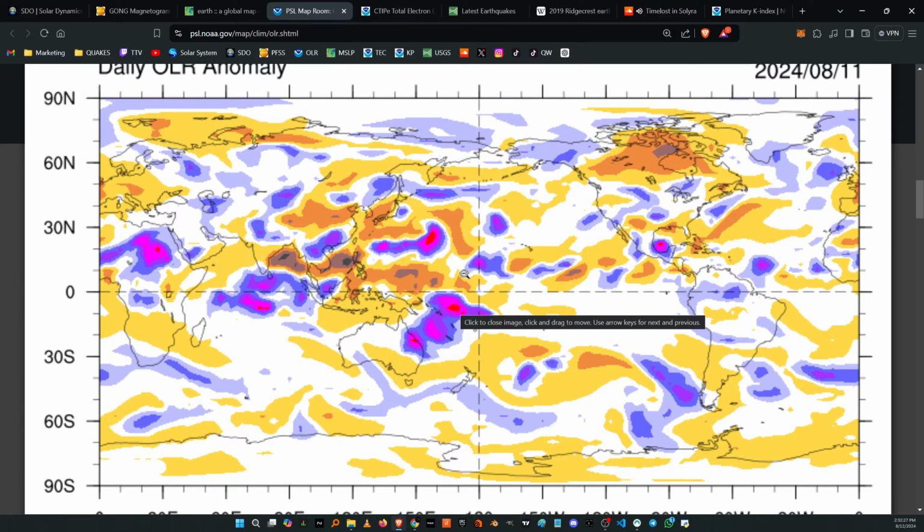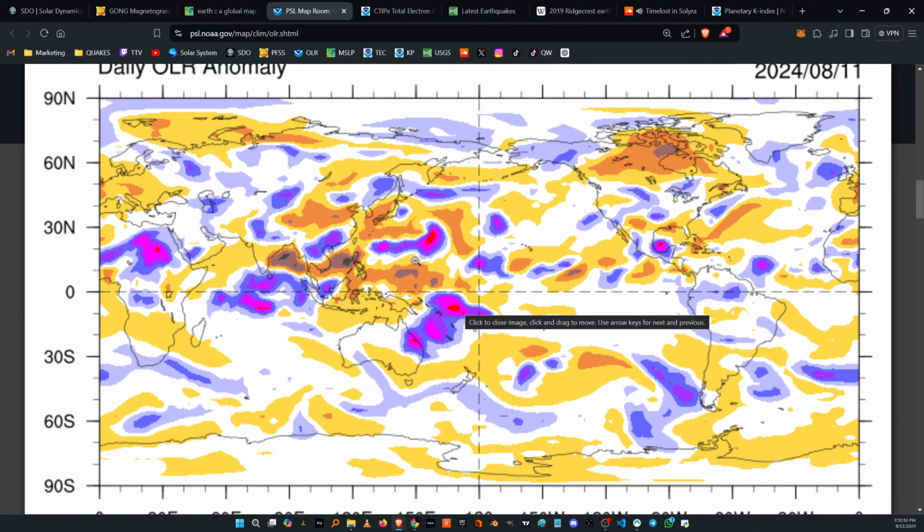What those particles do is they come down, go beneath the Earth's surface, and then begin to emanate upward very slowly. And that's what the daily OLR anomalies are: they show the areas where there is a large concentration of charged particles emanating up from beneath the Earth's surface and up into the lithosphere.